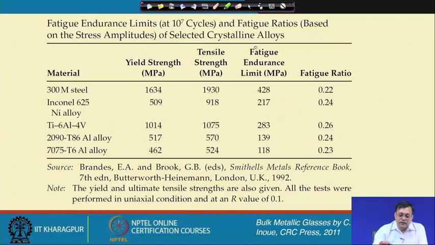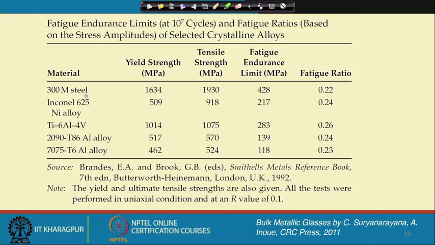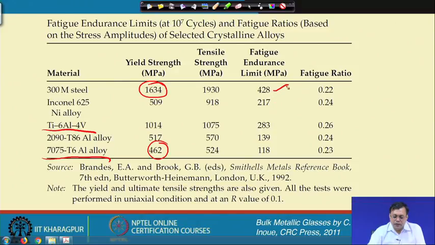So, please have a look at a conventional steel, or Inconel, or let us say titanium, aluminum, vanadium, or some of the aluminum alloys, where the yield strength lies from 1600 to 462 and the fatigue endurance limit in megapascal is somewhat like 111 or 428 megapascal only, at a fatigue ratio of 0.22.